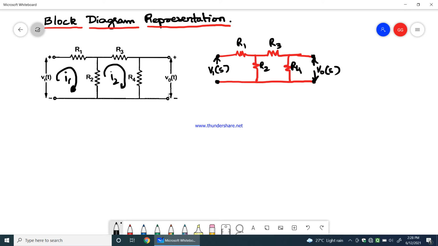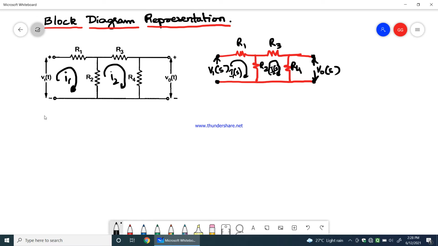V out of T here is open, therefore the current in this loop will definitely remain 0. So I'll say here I1 of S, whereas here I2 of S. Those are the two Laplace equivalent current values that we have for this electrical network.